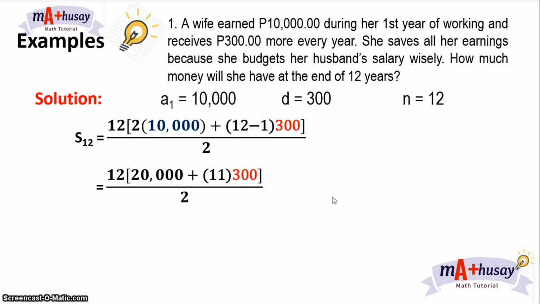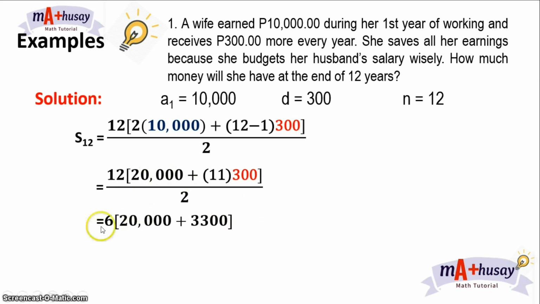So, again, simplifying the expression inside the parentheses and brackets, we have 6 times 20,000 plus 3,300. So, where did we get that 6? Take note that we can already divide 12 by 2. So, that's why we have 6.